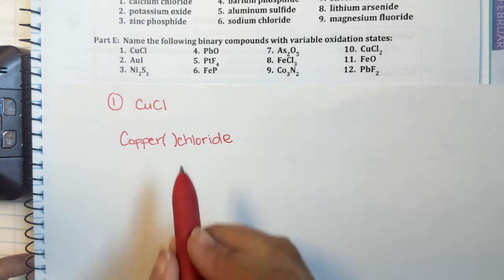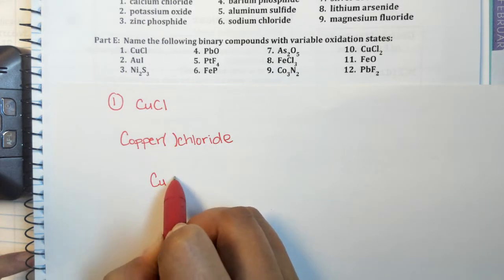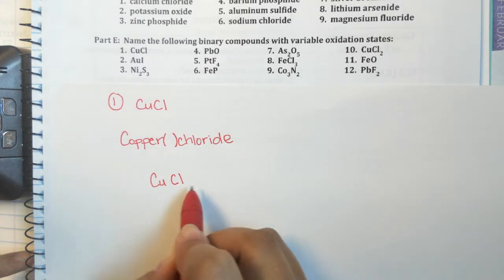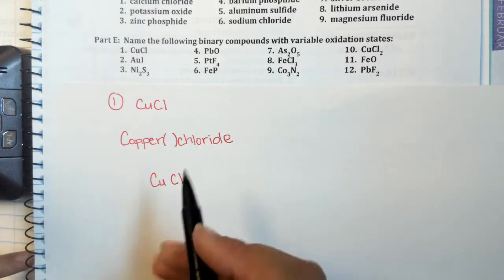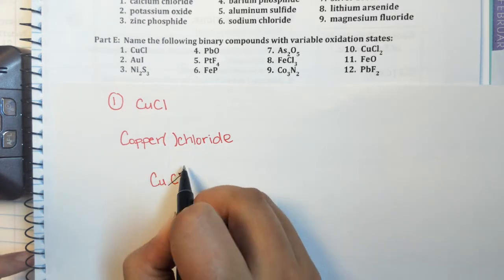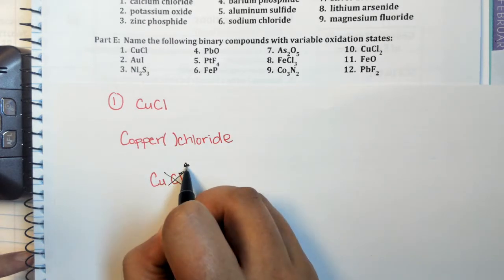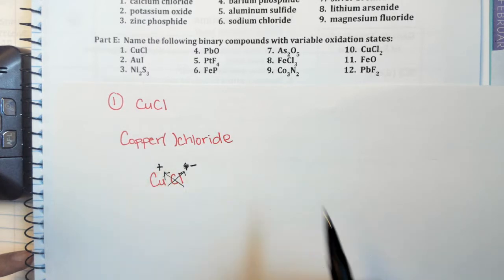So I'm going to put parentheses in between so I can make sure I add that Roman numeral. So now I am going to reverse swap and drop. I'm going to bring it down here so I have more room. Alright, both of them don't show subscripts, which means we consider their subscript to be 1. So when I reverse the swap and drop, I'm going to use a different color. This one comes up here, so chlorine is now -1, and copper is going to be a +1.